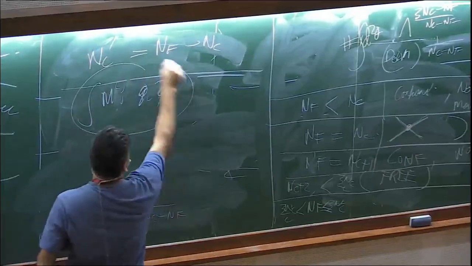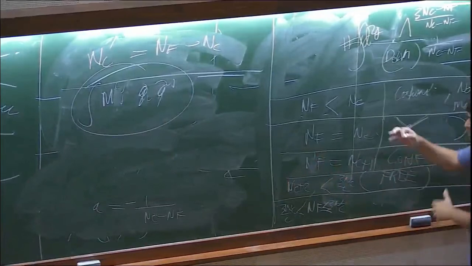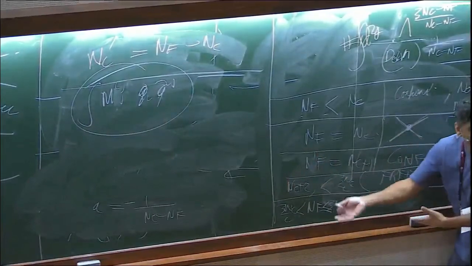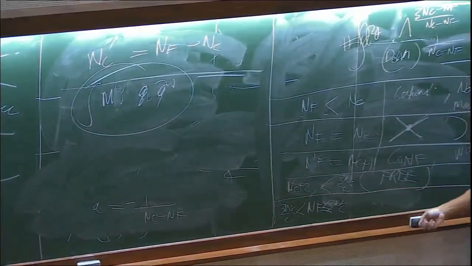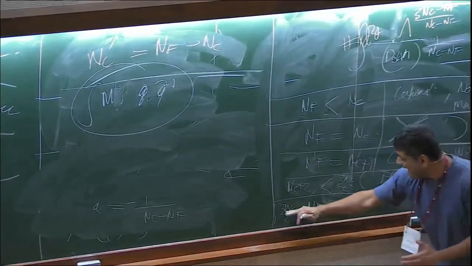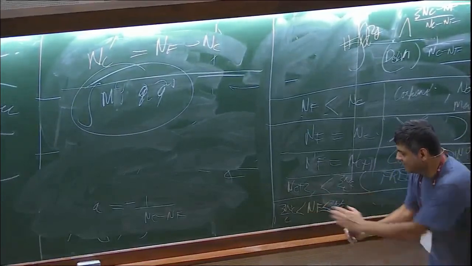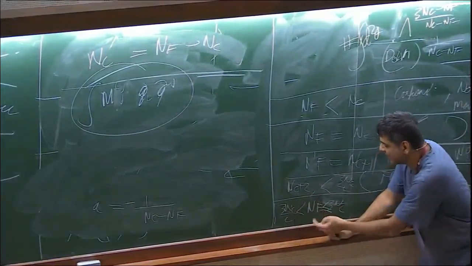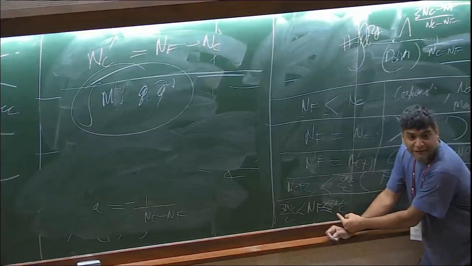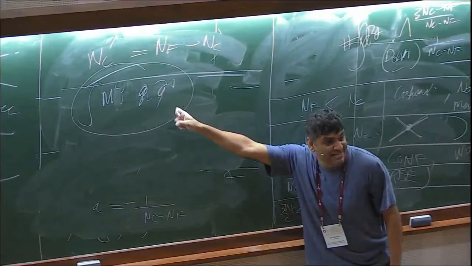And then Seiberg argued that this theory has similar behavior in this range, but where the strongly interacting conformal fixed point in the original description, namely near NF equals 3NC by 2, becomes weakly interacting in the magnetic description.